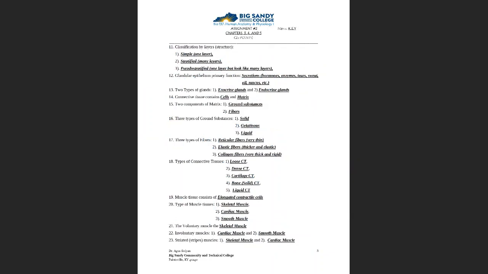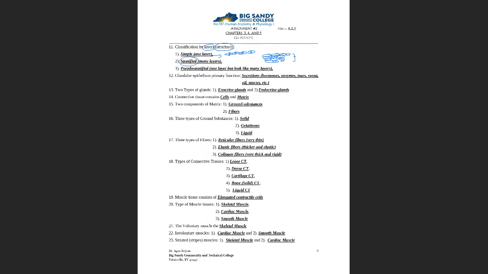Classification based on layers. This is also structure. If it is only one layer of epithelial tissue, then it is called simple epithelial tissue. If it is more than one layer, maybe 2, 3, 4, even 100 layers, it is called stratified ET, epithelial tissue.